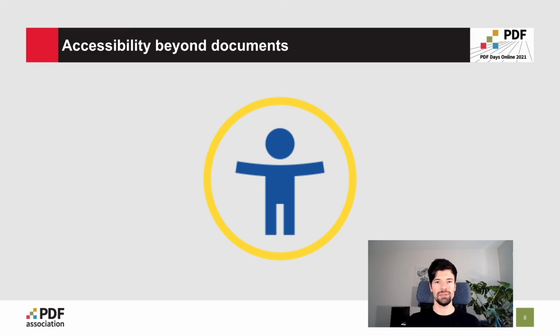So if you're thinking with accessibility first, not only when it comes to documents, but also the application that you're running or displaying your documents inside of, I think you're going to be pretty well off in meeting the accessibility guidelines. As well, there's a number of different tools out there online that you can test with to ensure that your documents and applications pass certain accessibility levels.